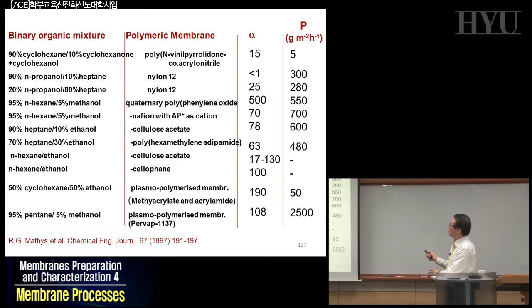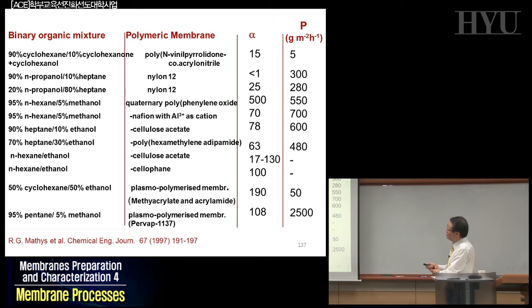In terms of pervaporation performance, we have selectivity or separation factor, and the permeance or the flux, and the larger the number, the better. Flux is, as well as the separation factors.